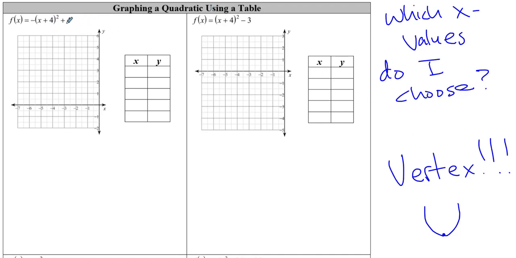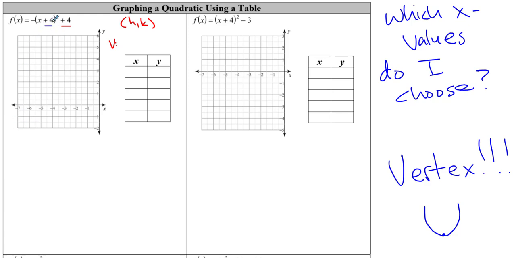Okay, if we are already in vertex form, that is quite lovely, because we have the vertex given to us. We got this piece right here, and we got this piece right here. So remember, this is our h, because we are looking for h comma k. I'm just going to label this V so I don't have to write it all out.